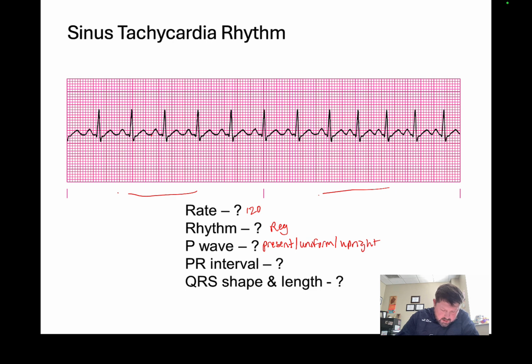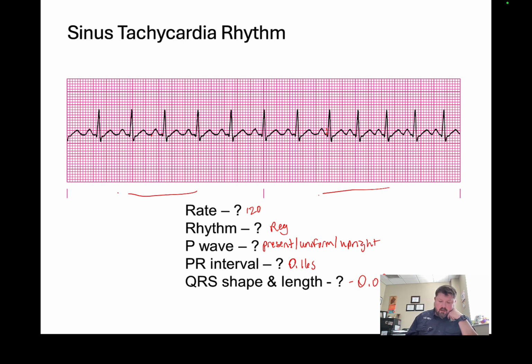So I'm going to measure from there until there, and that gives me about 0.16. And then my QRS, my shape and length, the shape looks normal, and my length from right here to about right here, 0.08 seconds.